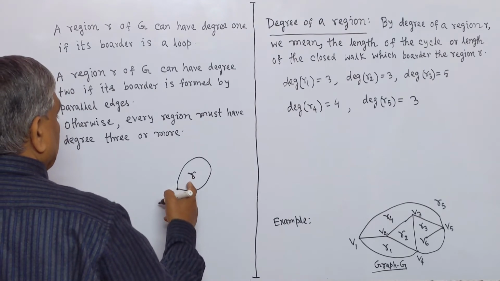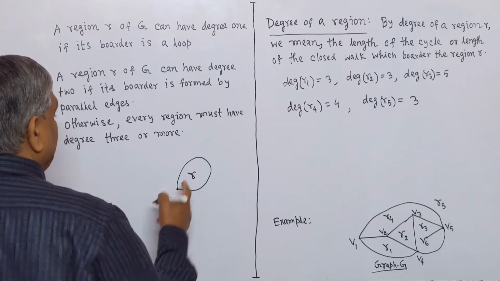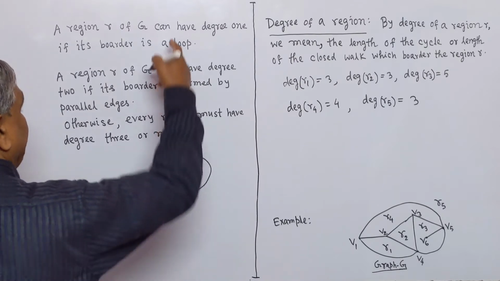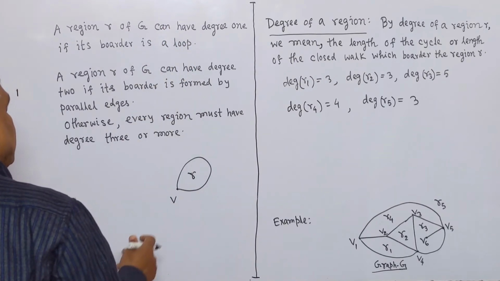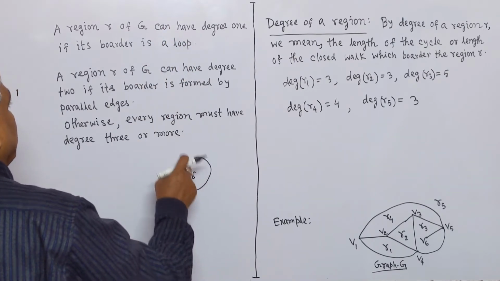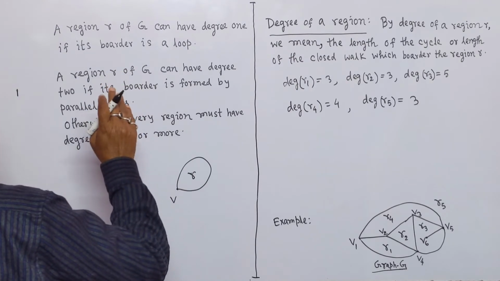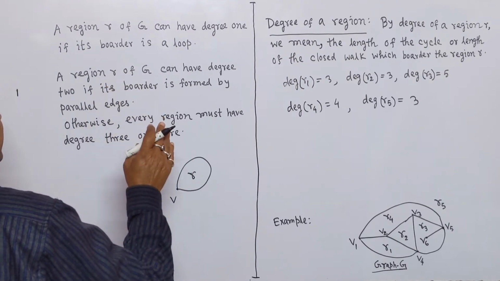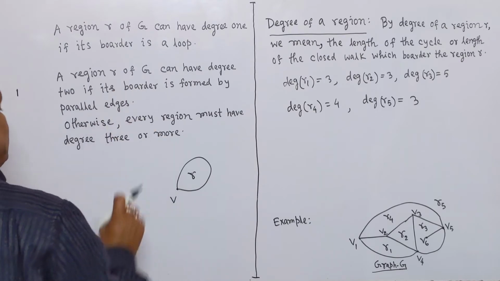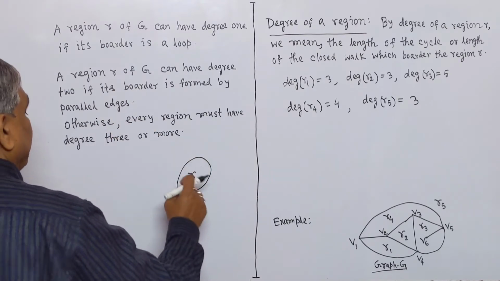So the degree of this region is 1. Therefore, a region R can have degree 1 if its border is a loop.